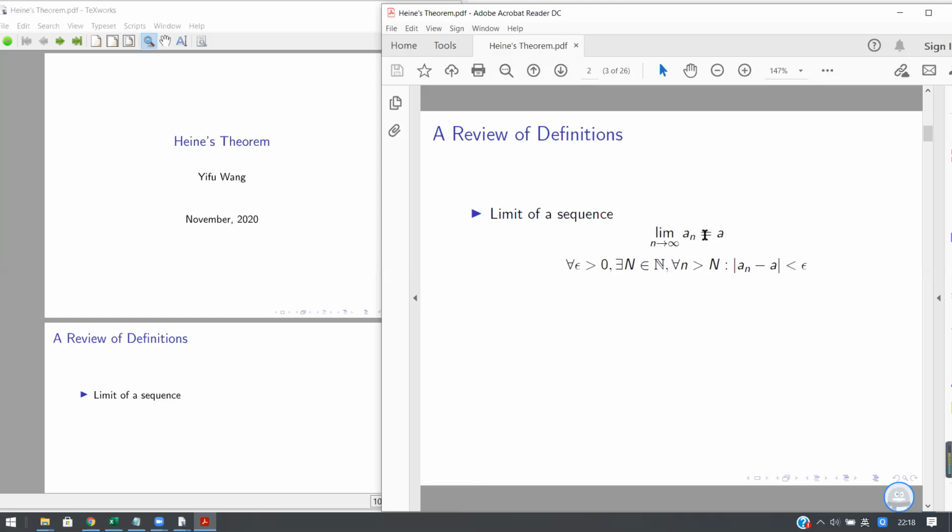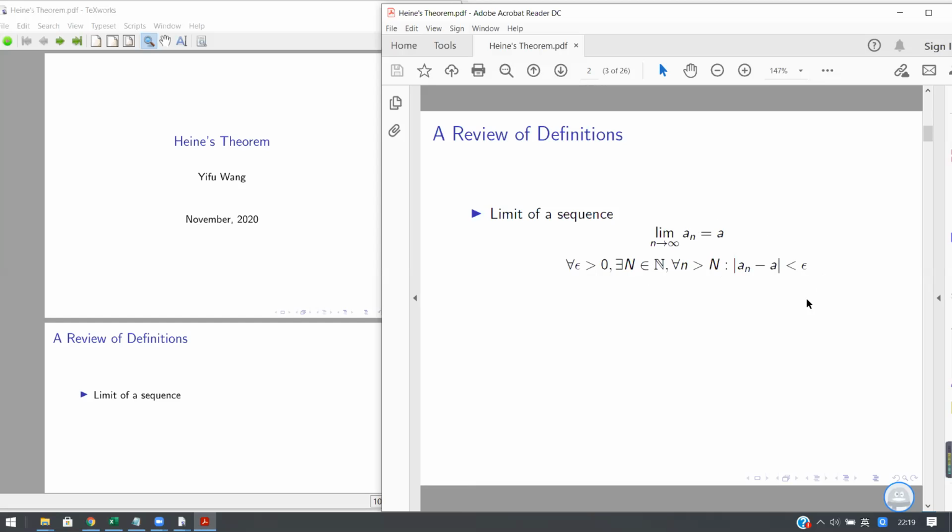A real sequence a_n converges to a real number a. We use epsilon-N language to describe this: for all positive epsilon, there is a natural number large N, such that for all small n greater than large N, the absolute value of a_n minus a is less than epsilon.